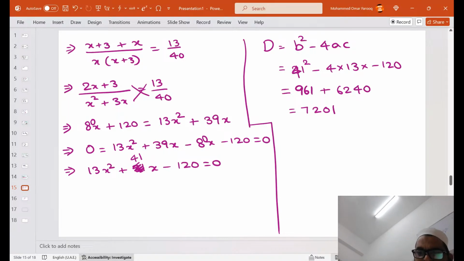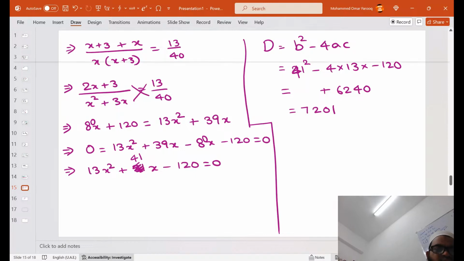Now please find out what is 41 square. Students, please find out 41 square. What is 41 square? I need the answer. Please make it fast. 1681. Okay, good.